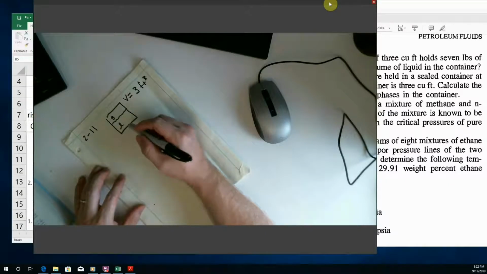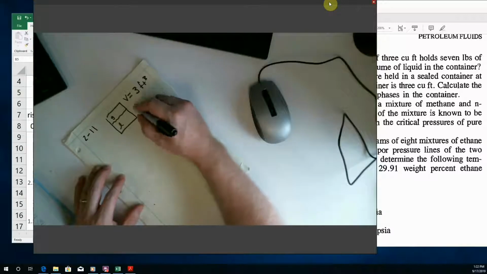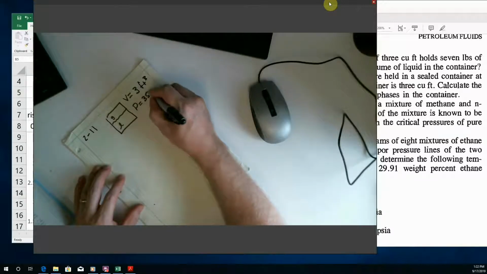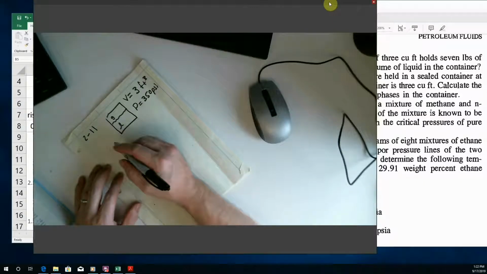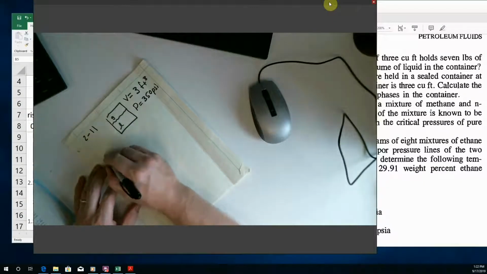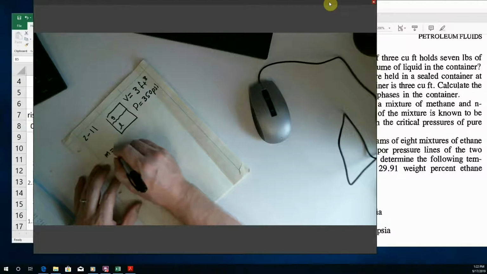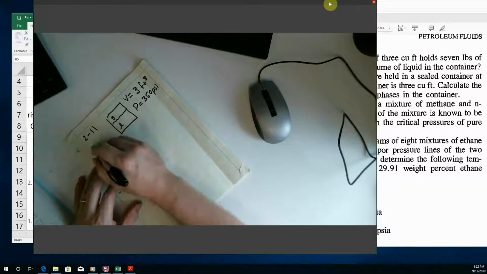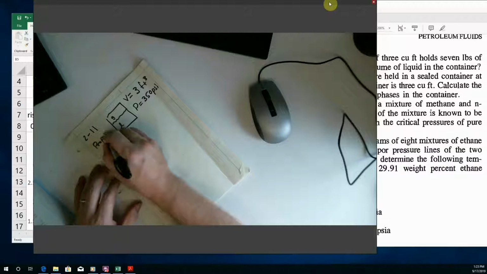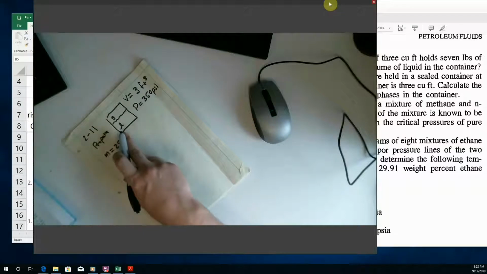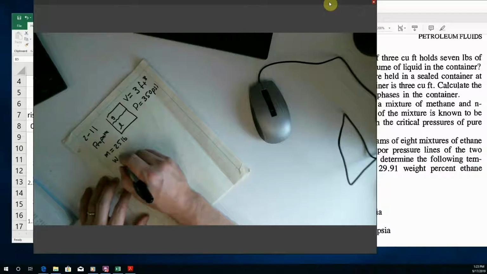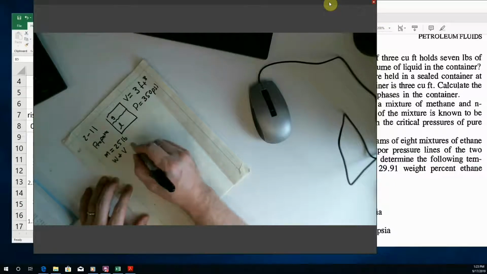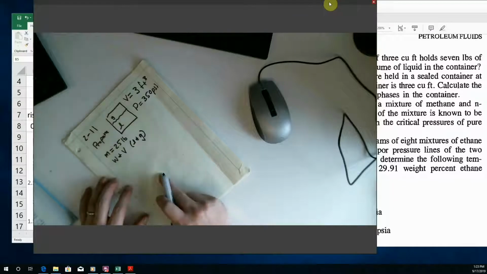And what else did we say in the problem description? P is equal to 350 psi. And we know the mass equals 25 pounds, and this is propane. So we want to calculate the weight and volume of both liquid and gas in this situation.